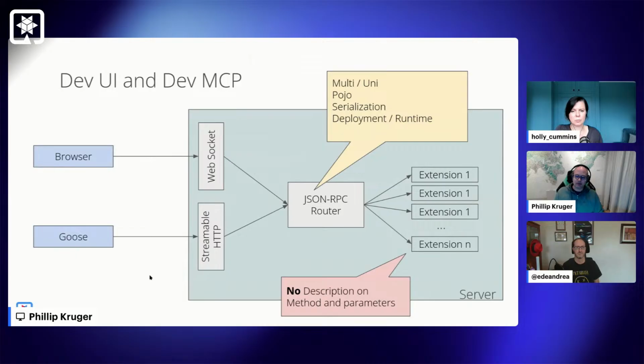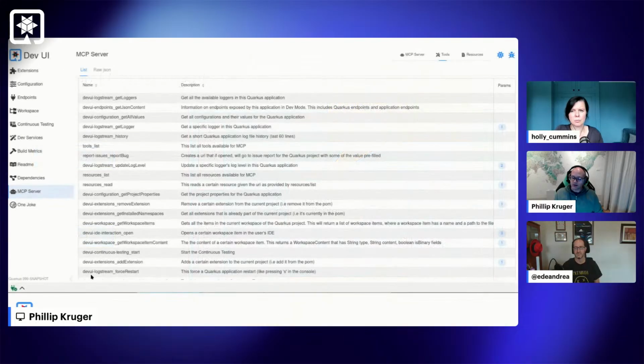What we don't have is descriptions, because we just coded this browser part, and it's not meant for somebody who needs to understand it. We don't have descriptions on the methods or the parameters. So that's something that we need to add. I then went ahead and enhanced DevUI to allow you to add a description.